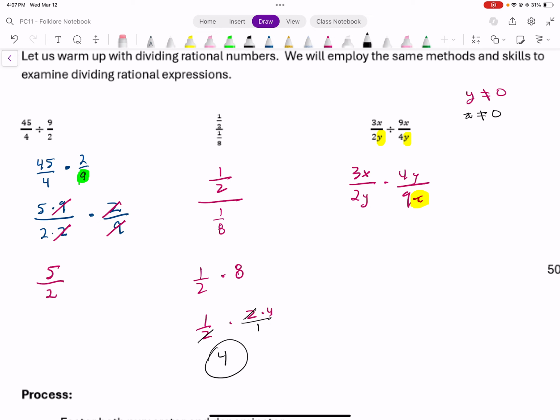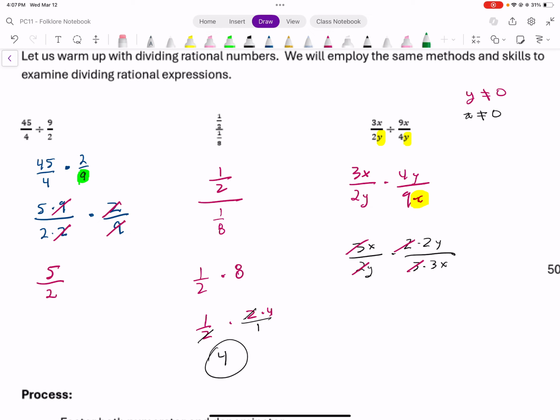So now I need to start looking at my factors. I'm going to take a look and consider. I'm just going to write this as 3x over 2y times 2 times 2y over 3 times 3x, 9x. I'm going to cross out common factors of 3, cross out common factors of 2. Hey, that was straightforward. I'm going to reassess the situation.